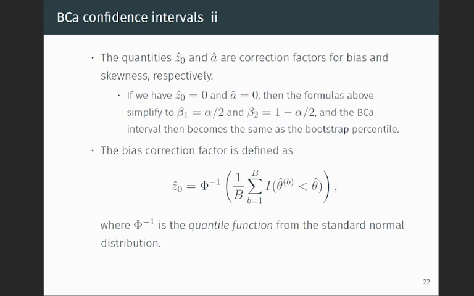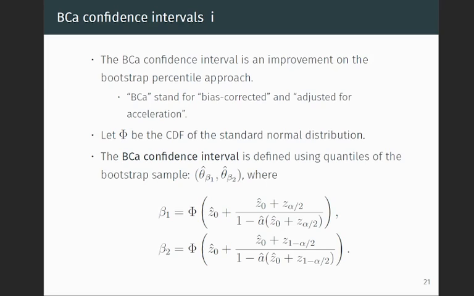So you can think of those as correction factors for bias and skewness, respectively. So in particular, if you have z0 hat equal to 0, and a hat also equal to 0, then if I go back to the previous slide, you can see that what we get is capital Phi at z alpha over 2 and capital Phi at z 1 minus alpha over 2.